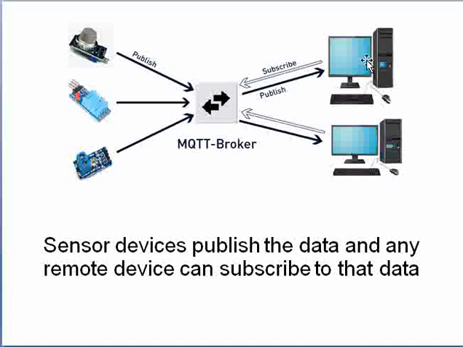So basically, in MQTT, the sensor devices publish the data, and any remote devices that are present, like the PCs, can subscribe to the data and get the data. So that's about publishing the data.